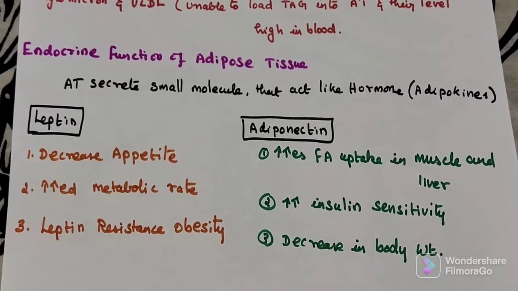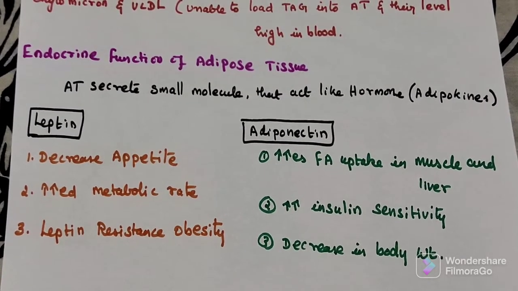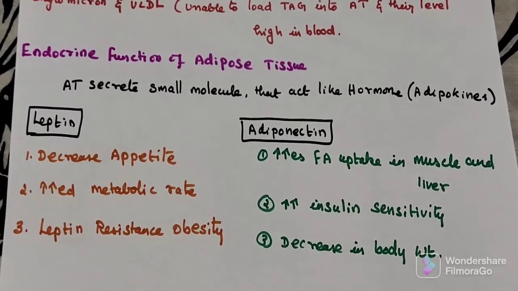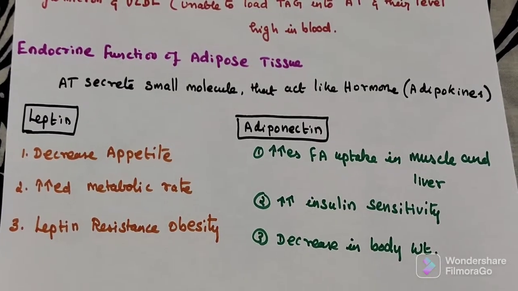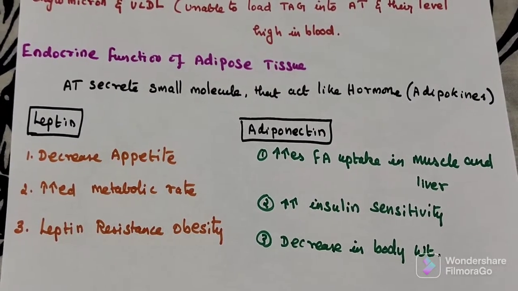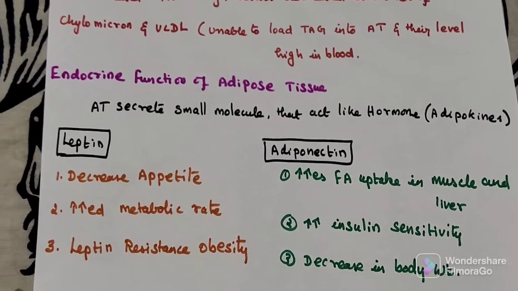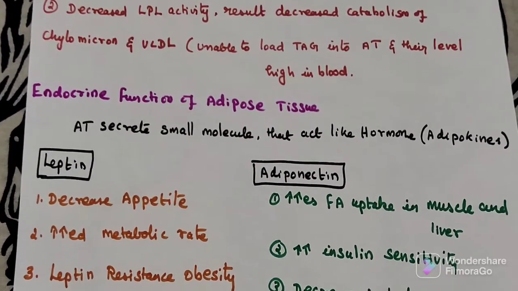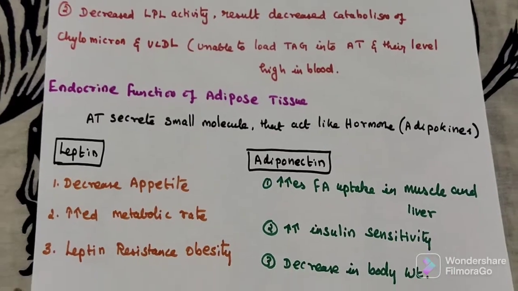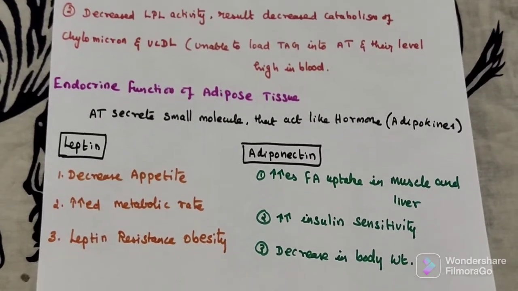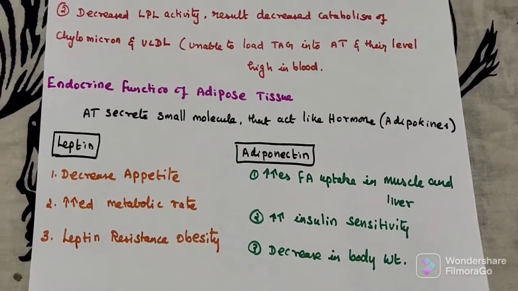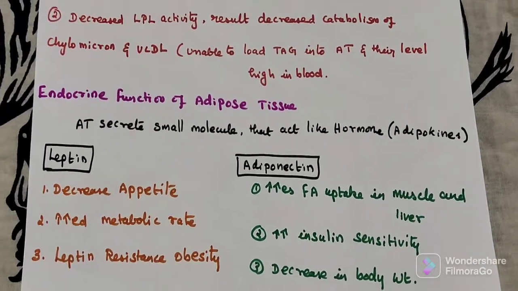It has also been seen to increase insulin sensitivity, and the level of adiponectin decreases with increase in body weight. So, these are the endocrine functions of adipose tissue.